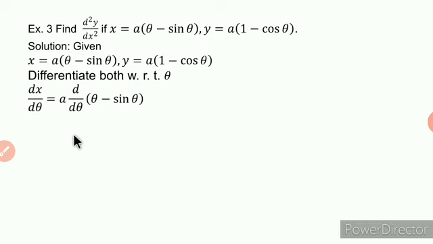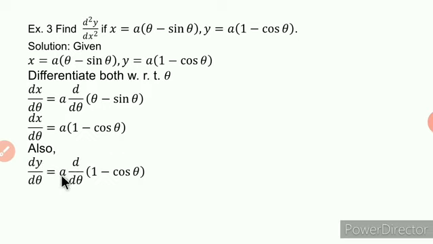So taking the derivative, dx upon d theta is equal to a multiplied by 1 minus cos theta. Also, if we differentiate y, we get dy by d theta is equal to a multiplied by d by d theta of 1 minus cos theta. Since the derivative of cos theta is minus sin theta, this minus becomes plus. So dy by d theta is equal to a sin theta.